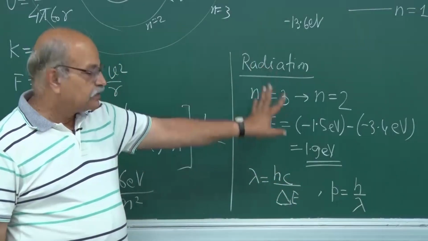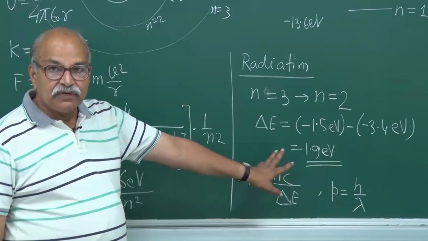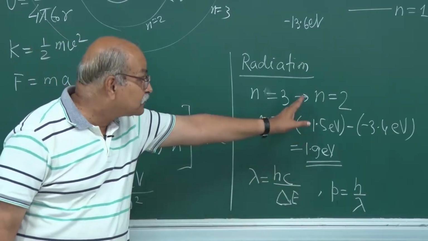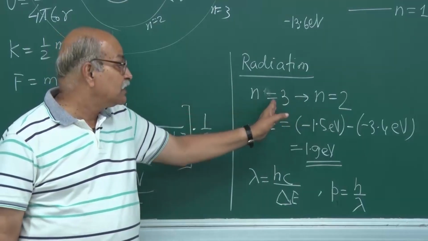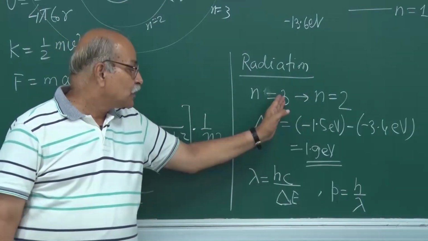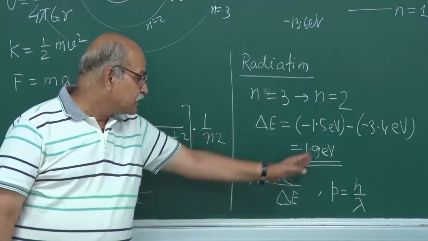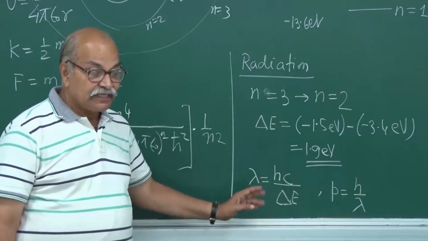So these are the relations. So you can work out the wavelength for this transition, n equal to 3 to n equal to 2. If this is the energy, what is the wavelength? Put this energy here and you get the wavelength.